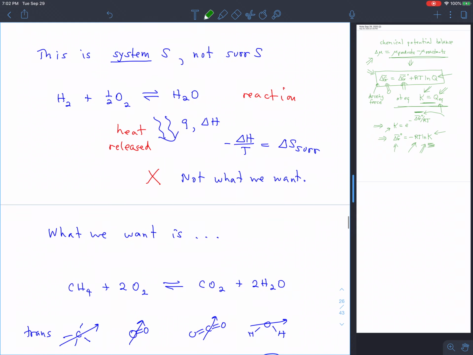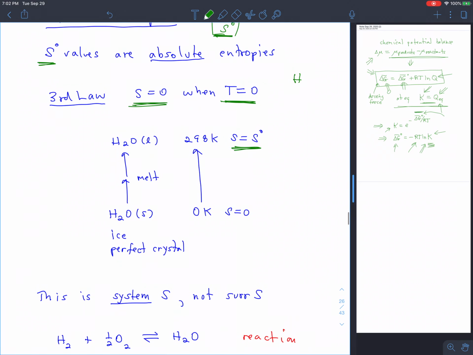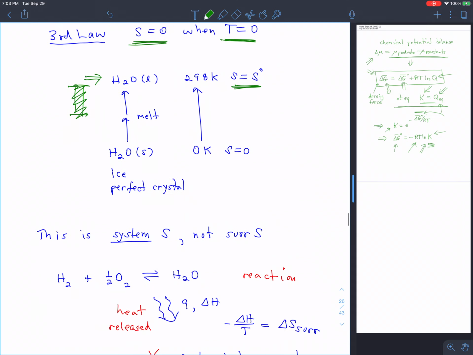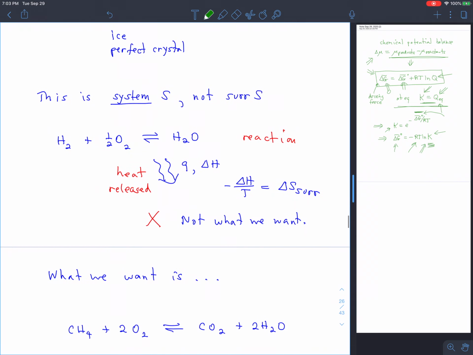Now, why this particular change rather than a chemical reaction? Why aren't we looking at the entropy change for the formation of water from a chemical reaction like we are in the other cases? Well, the reason is that if we look at the entropy change for a chemical reaction, the thing you measure is the heat that's released or absorbed by the chemical reaction when it takes place.